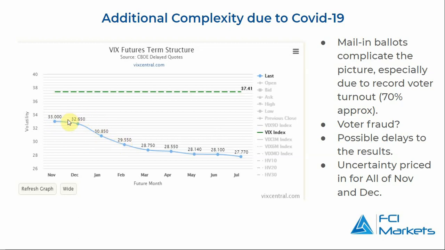So what this is telling you, okay, these are the VIX futures, and this is telling you that the market is actually bracing itself for potentially an undecided election or a contested election. It's showing more uncertainty than the polls or the odds would have you believe. So it's just something to keep in mind.